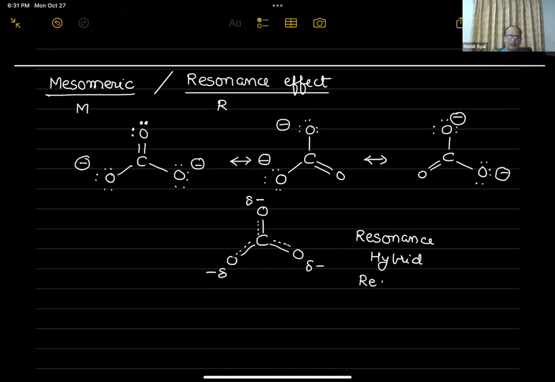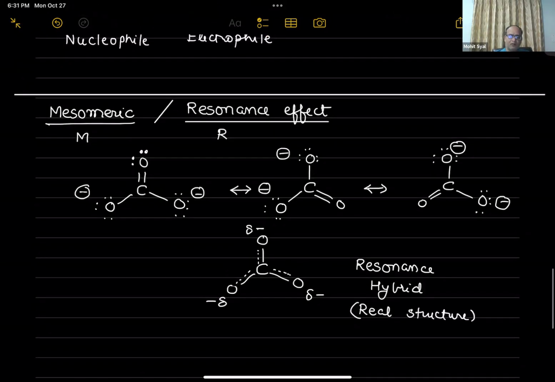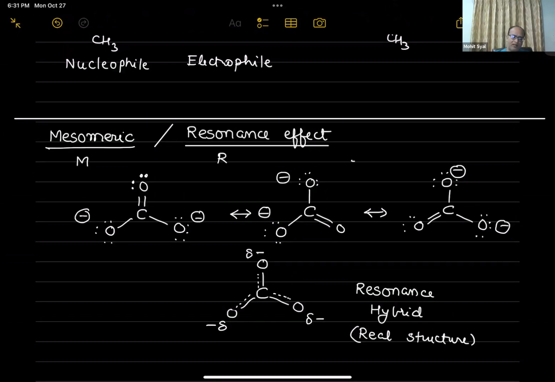This is the actual structure which exists. Whatever original structures were written showing complete double bonds and single bonds, those are known as canonical structures or resonance structures. Got it?